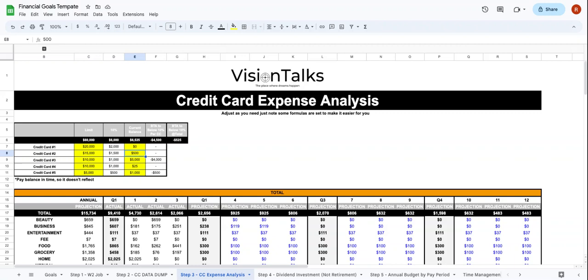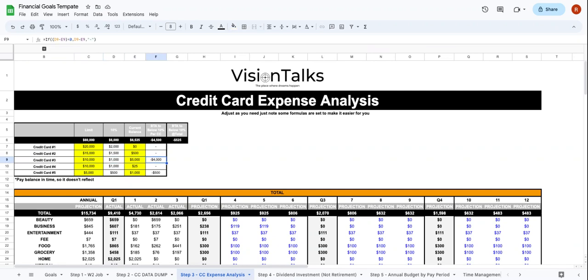Right now you have a balance of $500, but to be within 10%, you could be at $1,500. So there's nothing that you need to push through in order to stay below that 10%. Here, you can see you have a balance of $5,000, but to be at 10% or below, you need to be at $1,000 for this particular credit card.